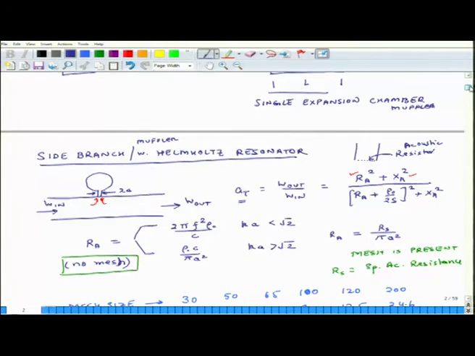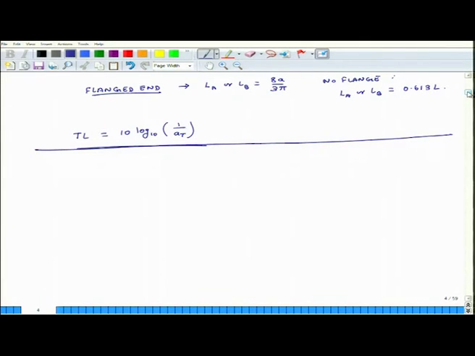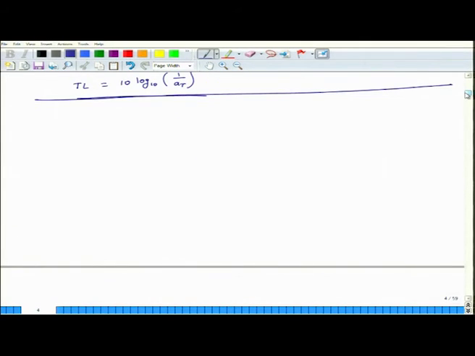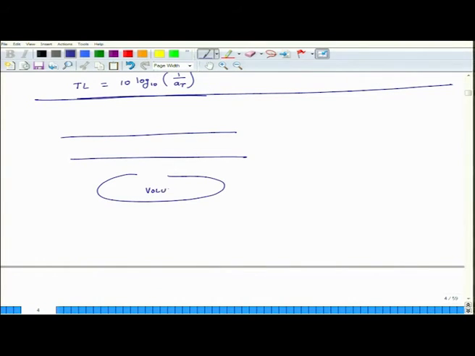Now, there is one more thing. Sometimes what happens is we have a pipe and we have a volume, and we connect this volume not by just one small pipe, but by several small pipes. So, the question is, in this case what happens?